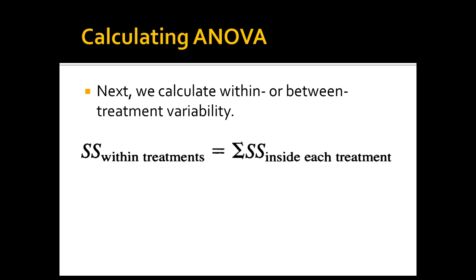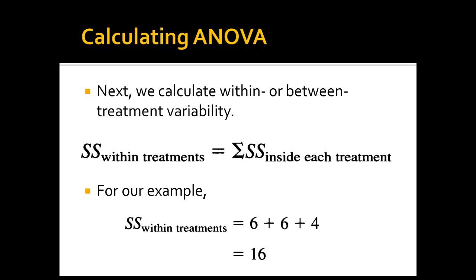Next, we need to calculate the within or between treatment variability. You can calculate either first, it really doesn't matter. I'm going to go ahead and calculate within treatments, with the summation of the sums of squares inside each treatment. So for our example, it would be 6 plus 4 plus 6 equals 16, and those numbers again come from the table previously mentioned.